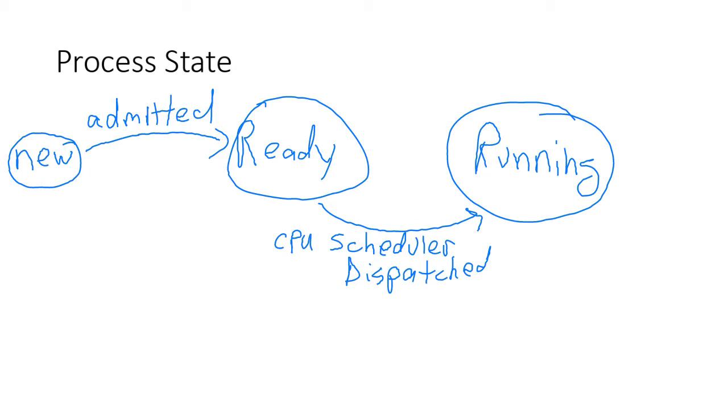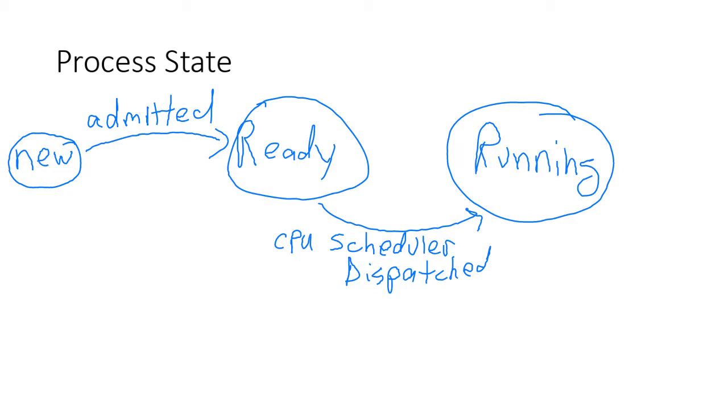No, the scheduler would probably handle one at a time. So it would dispatch a process to a core or a processor. But yeah, the only state that they can be dispatched from is ready. That's the only state where a process can resume execution.